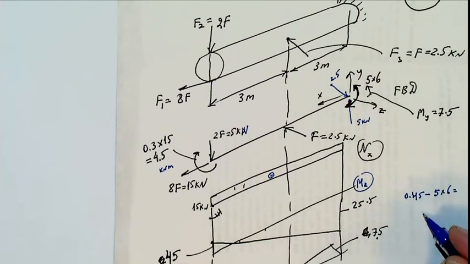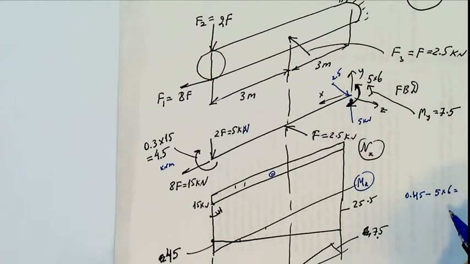So it will be 4.5 minus 30. Why did I write 0.45?